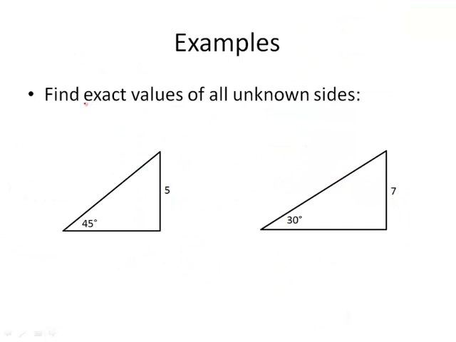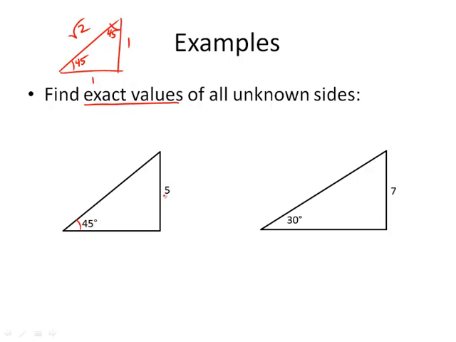Further, you could use the triangles again to find the exact values of all the unknown sides in the following triangles. So here we have a 45-degree triangle, so we're relating it to our half square, 45, 45, 1, 1, root 2. Remember that these could all be multiplied by any scale factor and it would still be the same proportion.